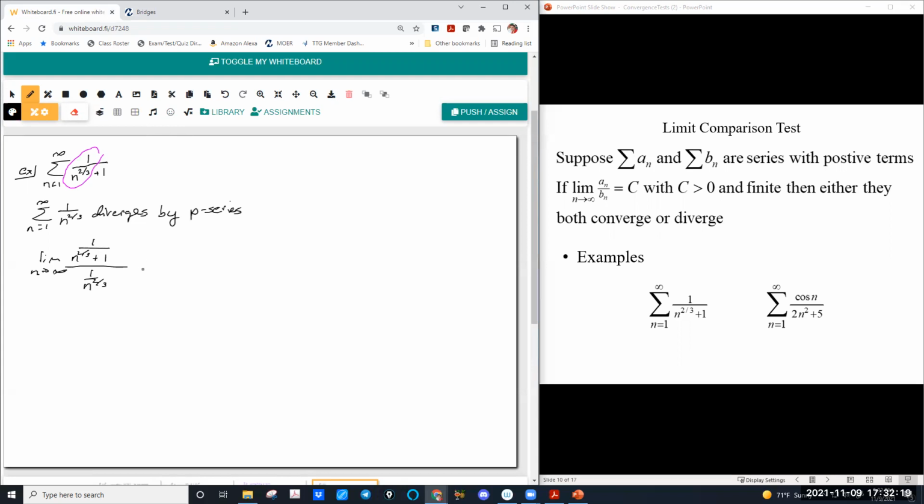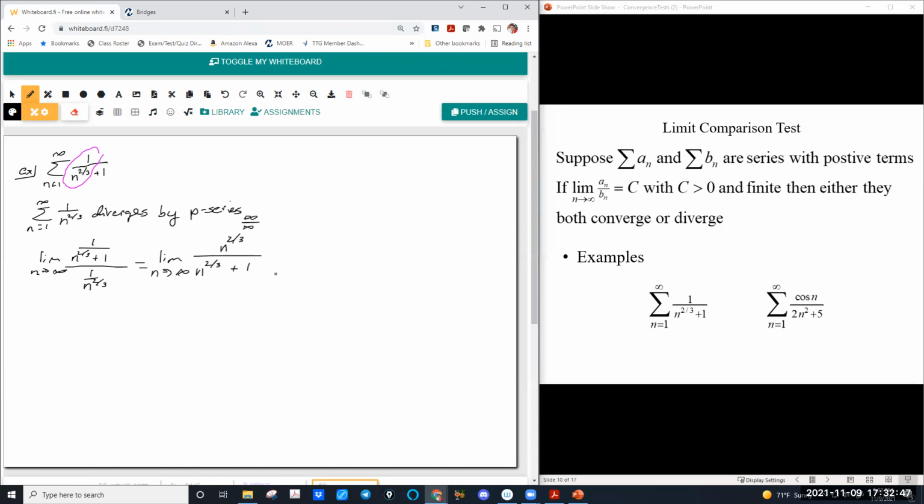Okay. Now, we're going to simplify this as much as possible. Limit as n goes to infinity. We can flip this and multiply because we're dividing by a fraction. So we get n to the 2/3 over n to the 2/3 plus 1. Right now, we are in an infinity over infinity case.